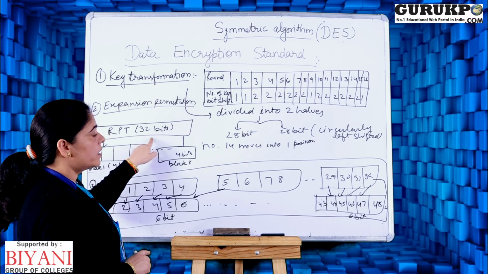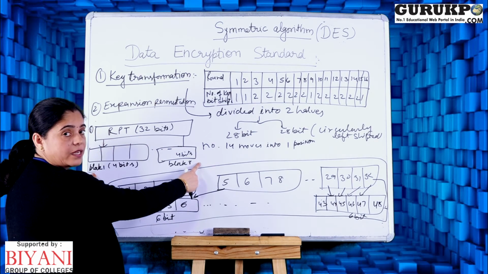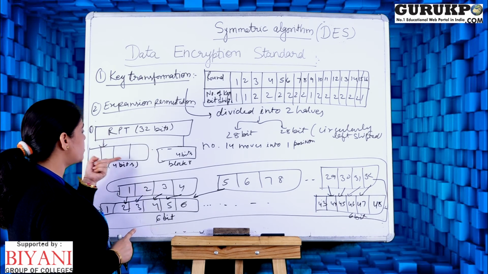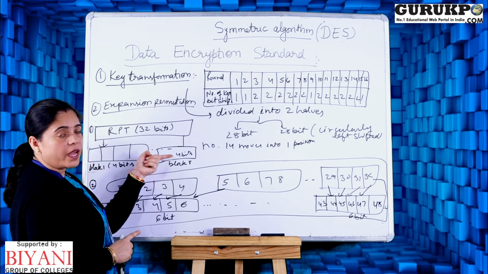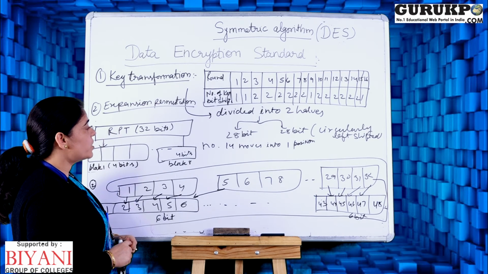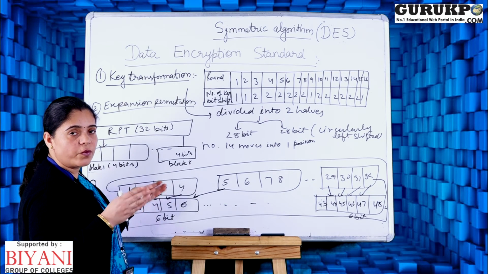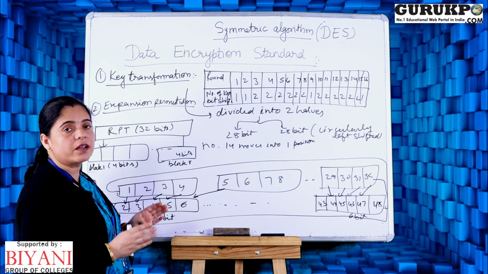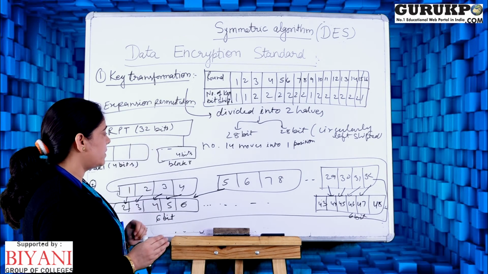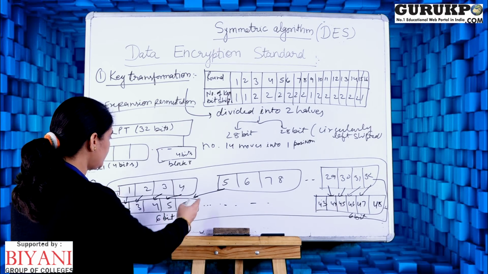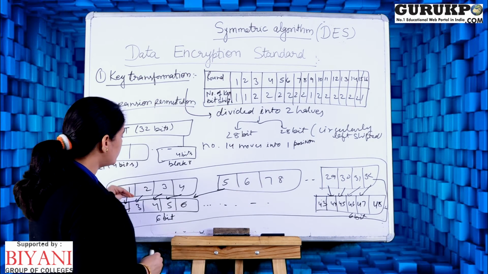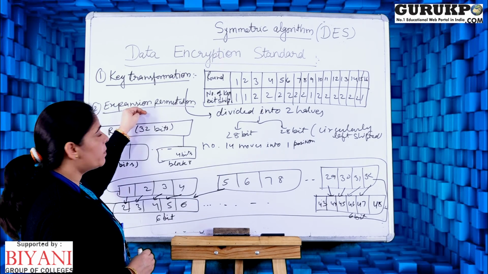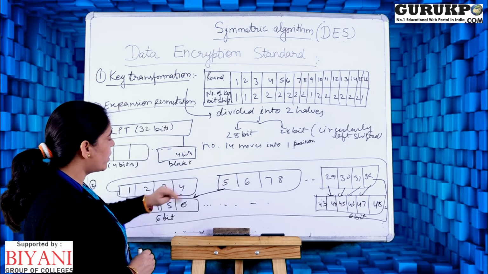We divide the 32 bits into 8 blocks, block 1 to block 8, and the size of each block is 4 bits. In the expansion permutation, we convert each 4-bit block into 6 bits so that we can generate the 48-bit RPT. First we write the 8 blocks, each of 4 bits.